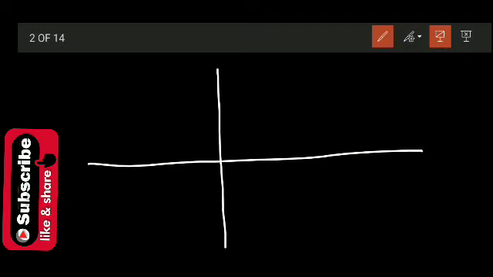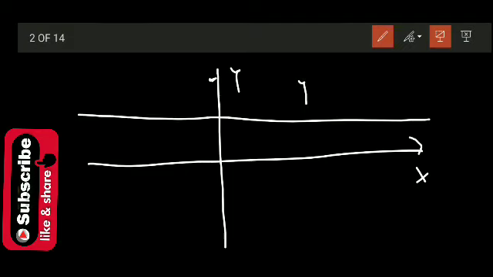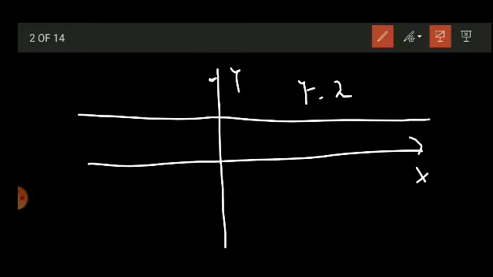If we draw the graph here, this is the x-axis and this is the y-axis. This is the line y equal to any constant, suppose y equal to 2. At every point you find y is 2 here.